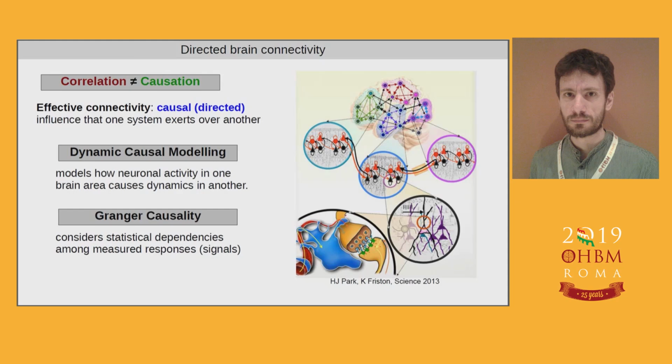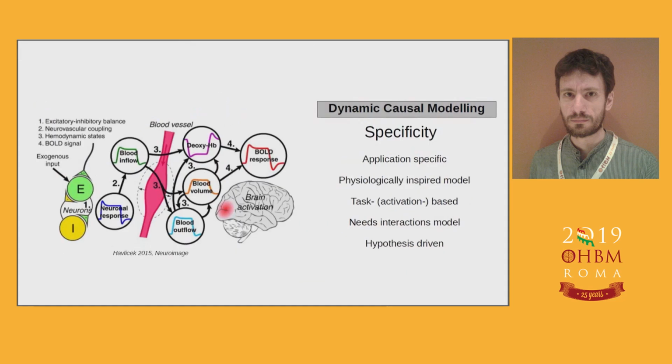I would say that they sit at opposite extremes of the spectrum of the tools that are available for effective connectivity, because dynamic causal modeling is so specific. It's heavily based on a physiologically inspired model, and on top of it, there are task activations.